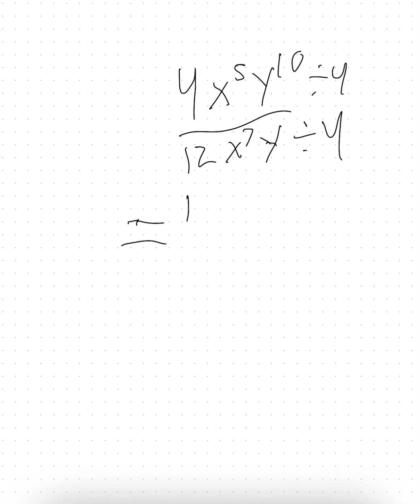This equals 1 x to the 5th, y to the 10th, over 3 x to the 7th, y. Now, you don't have to include the 1. In fact, you probably shouldn't, because you don't want it there. So that's x to the 5th, y to the 10th.